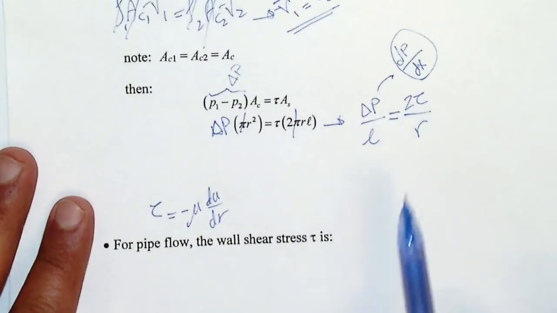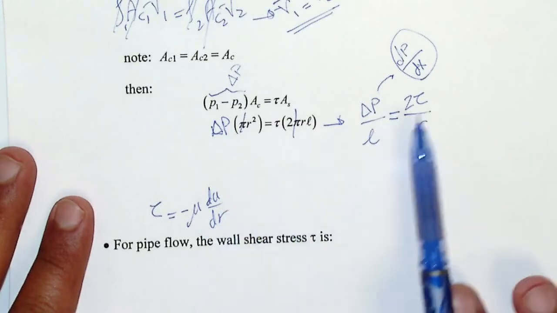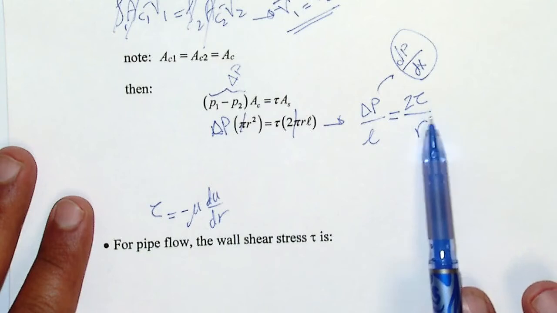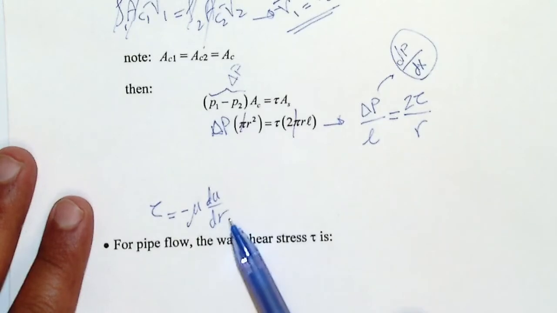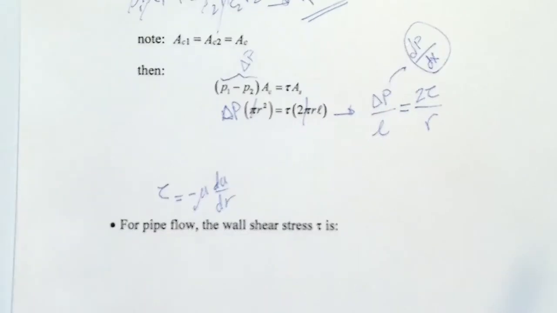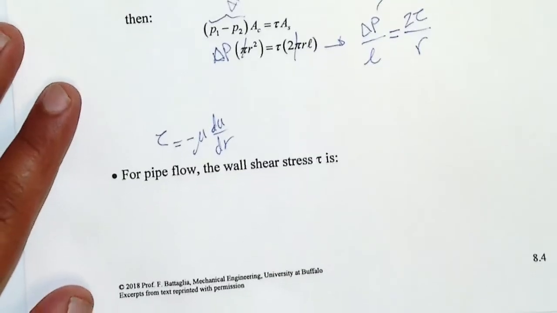Then if you replace tau with minus mu du over dr, you will have delta P, L, 2, R, and a derivative of velocity with respect to R. Then by integrating, you can find u, the velocity. So by this connection, two equations can be extracted.